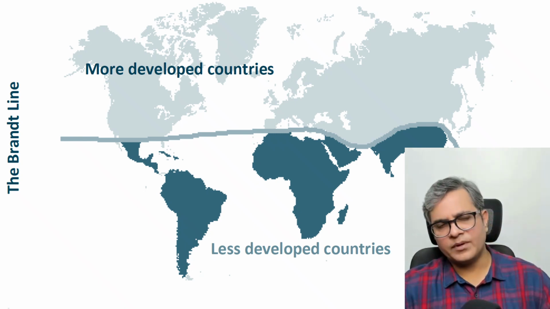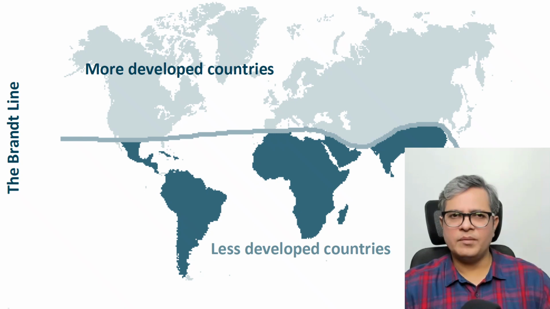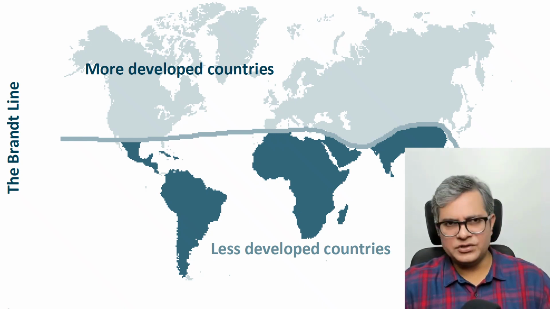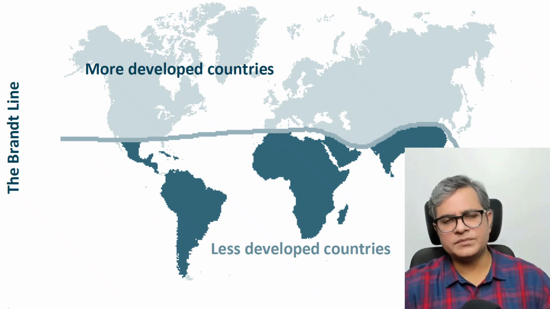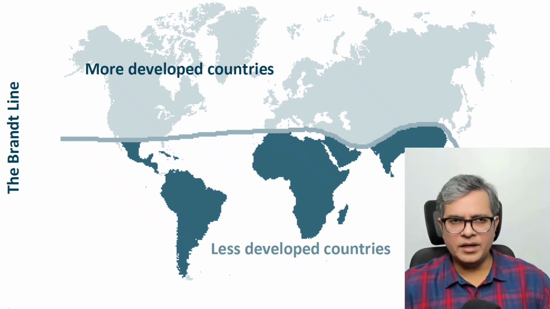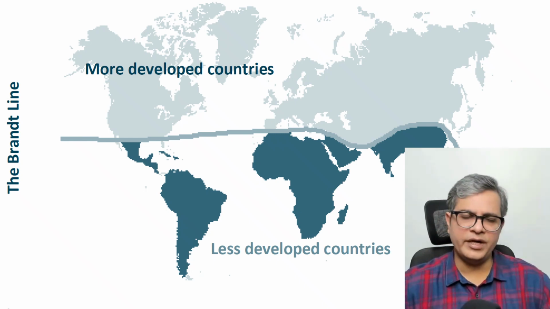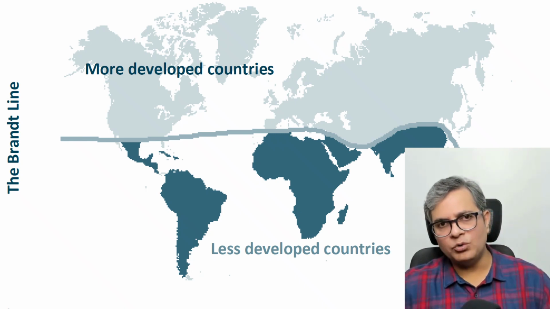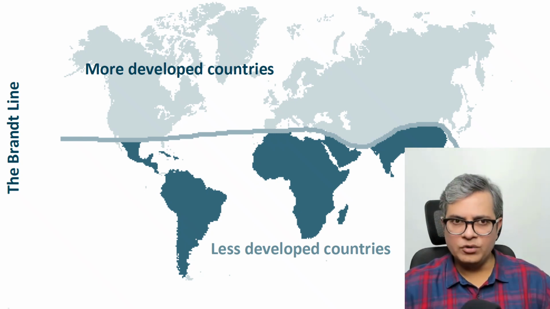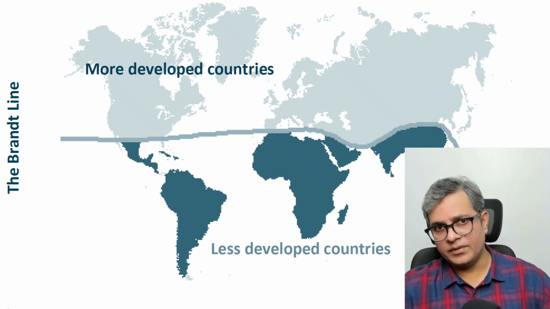Why is it so? There could be many reasons, because of the manner in which the politics of that country works, the manner in which they have resources, health and education, the manner in which they have conflicts or absence of conflicts within their nation or with other nations. The reasons could be plenty, but the point is that such a concept is there, a concept of global north and global south, whereby the global north is richer than the global south.